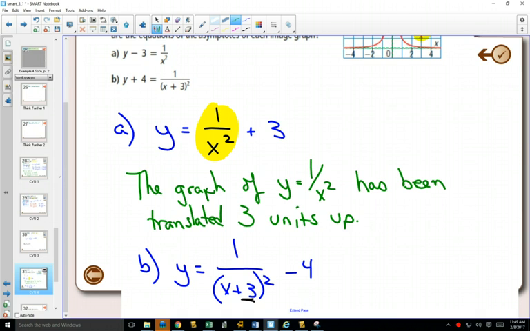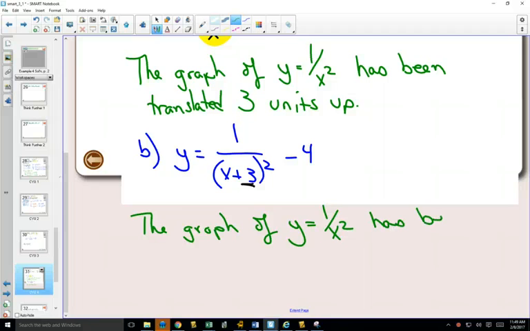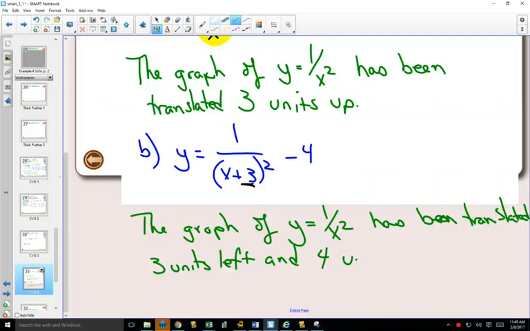So this graph has been translated three units left and 4 units down.